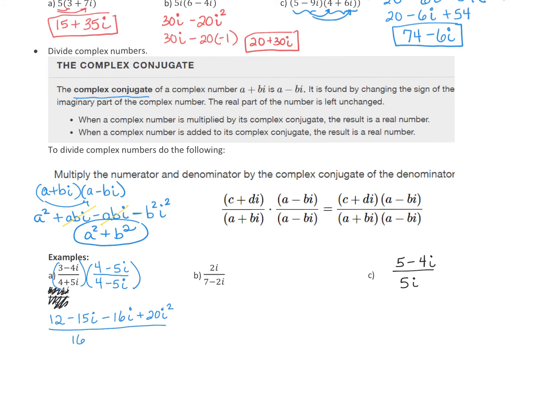We know that the insides and the outsides are going to go away, so we're going to just multiply the last two, which was minus 25i squared, or plus 25. So we end up with 41 in our denominator, minus 31i, and 12 minus 20 is going to give us minus 8.